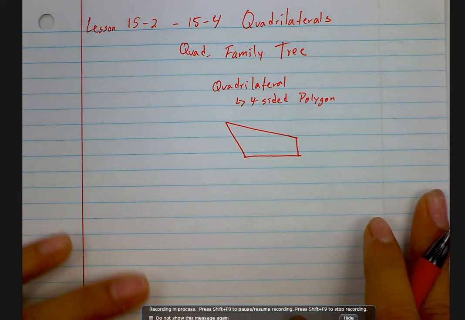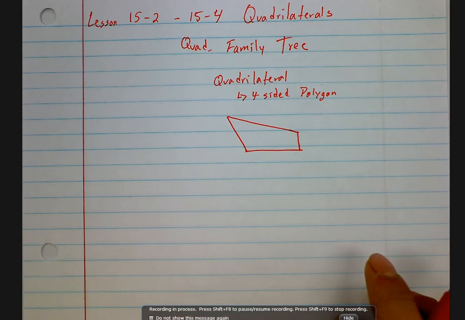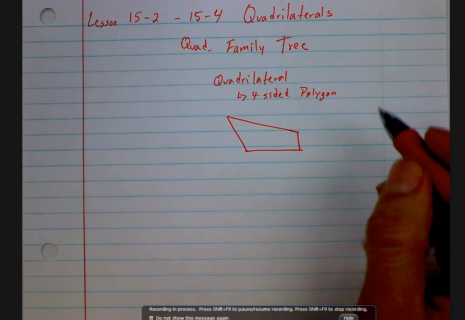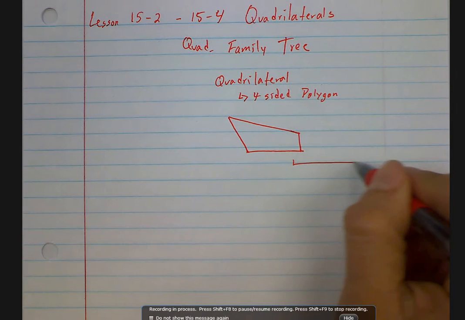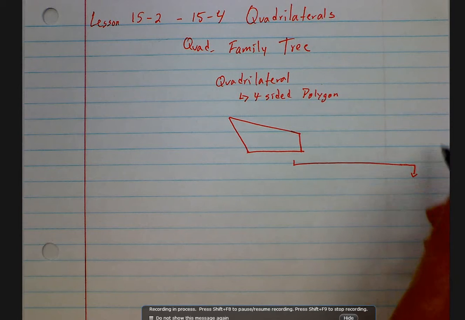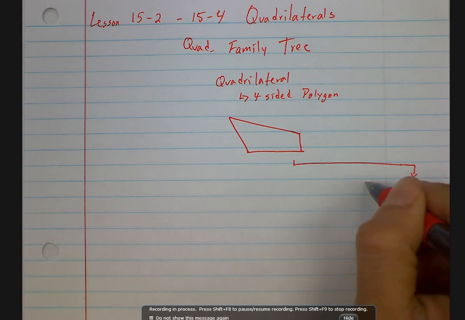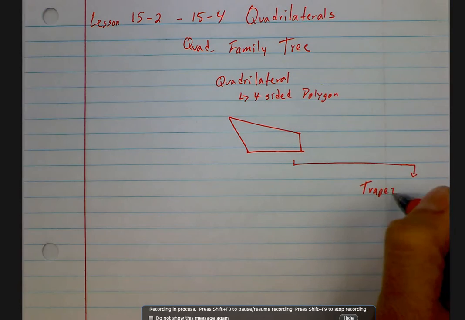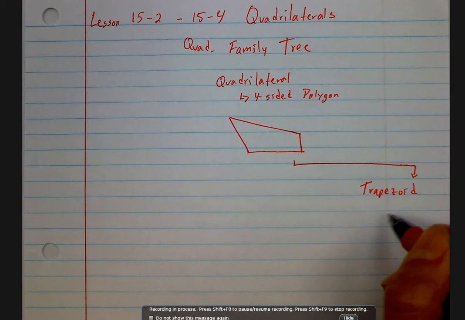Now, for quadrilaterals, there are like three main categories. The first one that we're going to talk about is trapezoids. Okay, so here we have a trapezoid, and this one looks more or less like this.